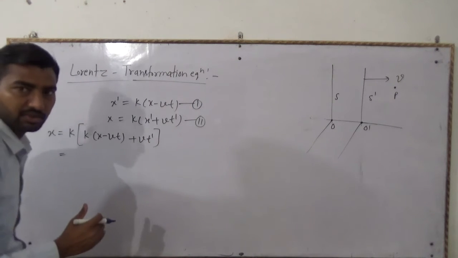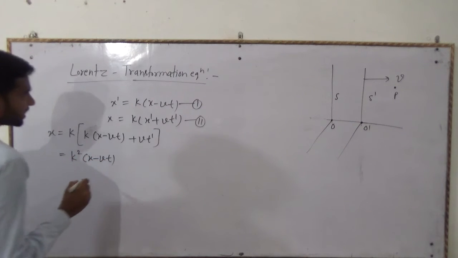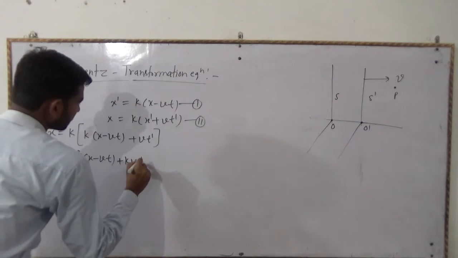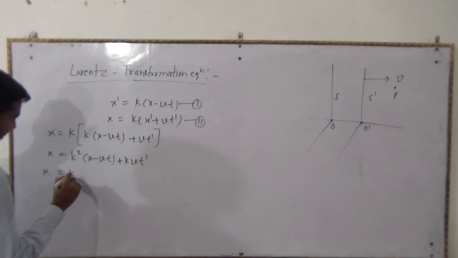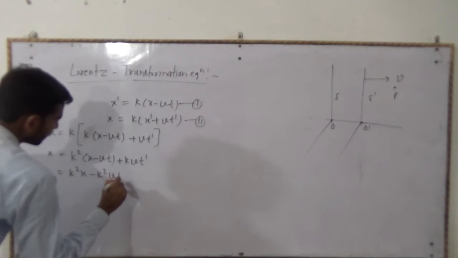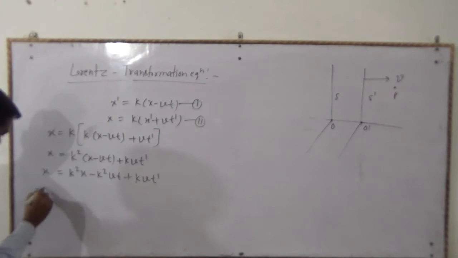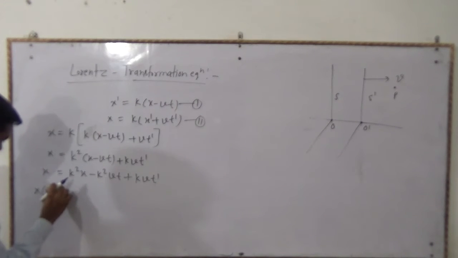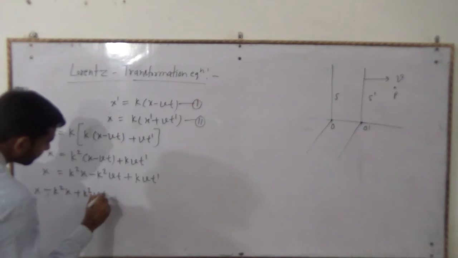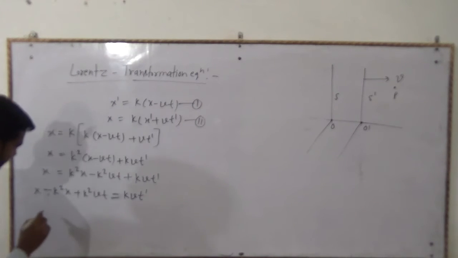We can simplify it very easily and get k square (x minus vt) plus k vt dash. So it will be x equals k square x minus k square vt plus k vt dash. If we keep these two terms on this side, then we find x minus k square x plus k square vt is equal to k vt dash.